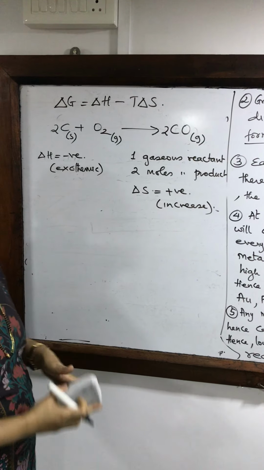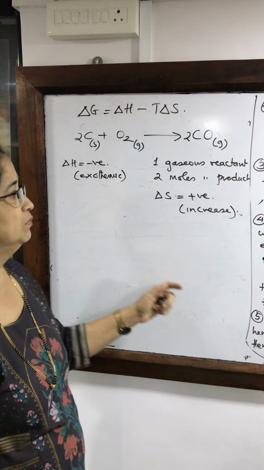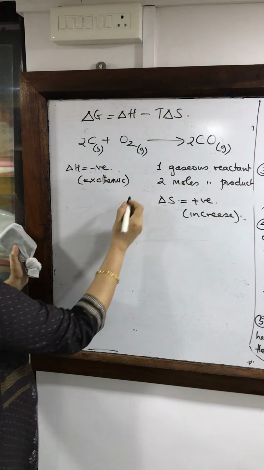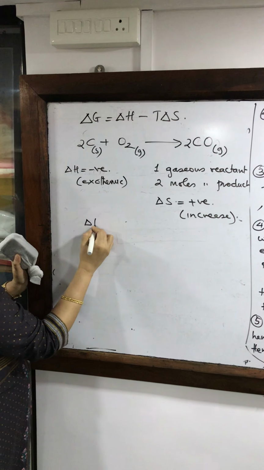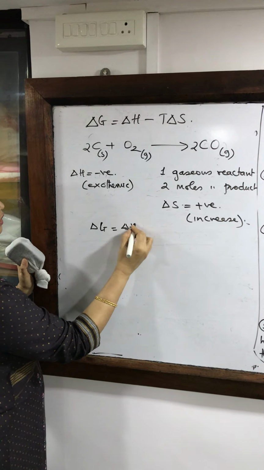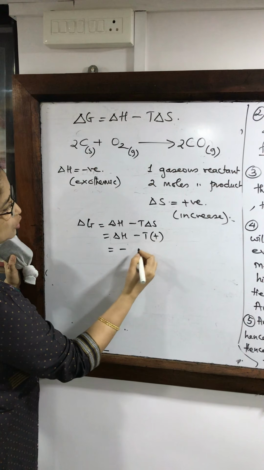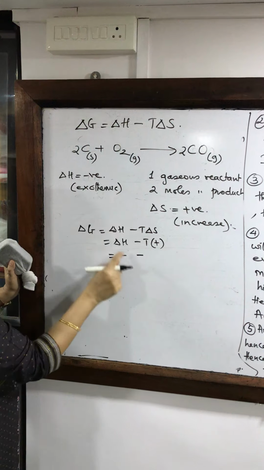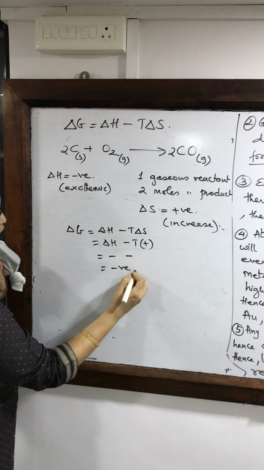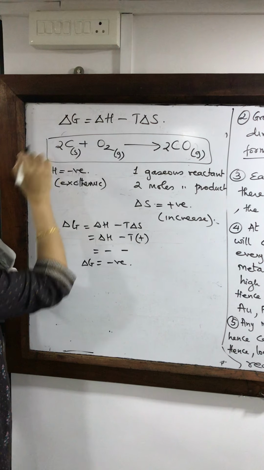Remember, in gases randomness is highest, in solids randomness is minimum. So here if I substitute it in this equation, delta G is equal to delta H minus T delta S. Delta S is positive. Positive into negative term is going to be negative. Enthalpy is negative, and therefore delta G value is negative for the formation of carbon monoxide.